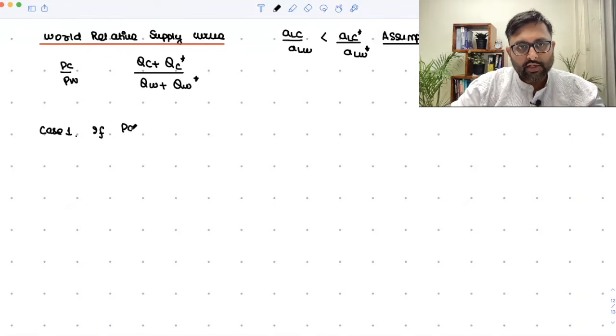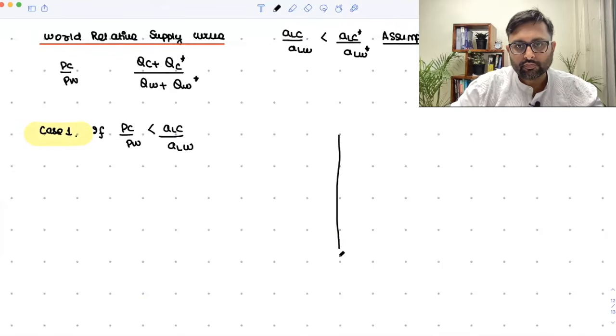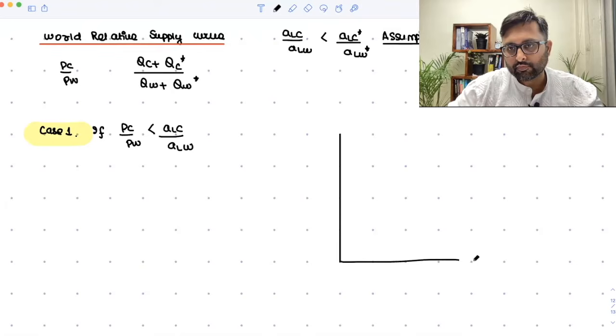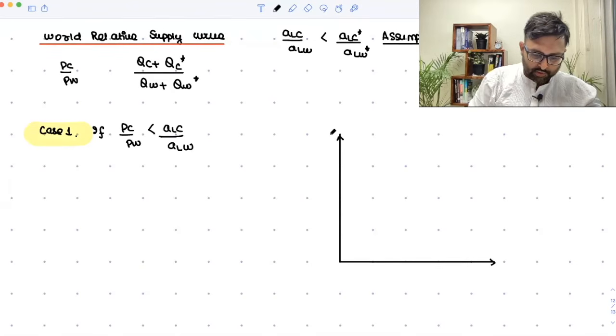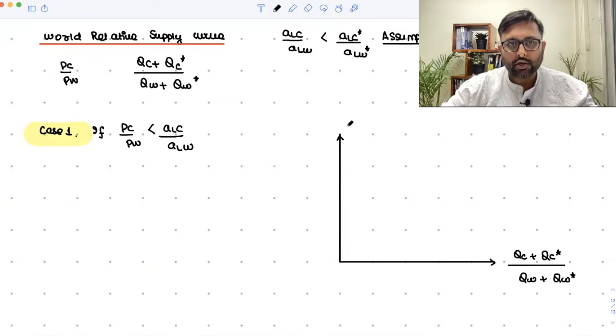So the first case which I will take is that PC by PW is less than ALC by ALW. Then what happens? Let me just put this here. This is QC plus QC star whole upon QW plus QW star.